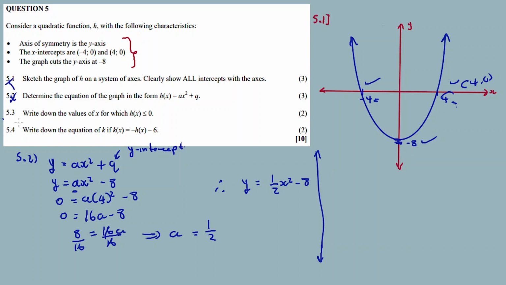Now, done. We go to 5.3. Here they say write down the values of x for which h of x is less than or equal to 0. The function is h of x equal to 1 over 2 x squared minus 8.